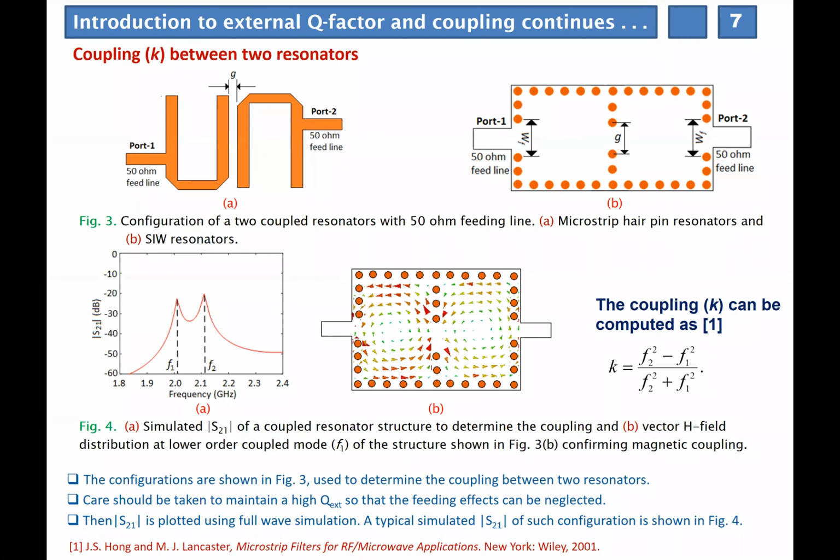So narrow band means lower energy flow from the outer circuit as well as lower coupling between the resonators. And higher bandwidth means higher energy coupling from the external circuit, that means lower external Q factor, and higher coupling between the resonators. That is the fundamental thing of filter designing.